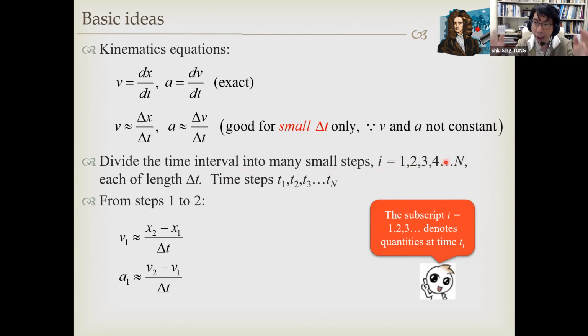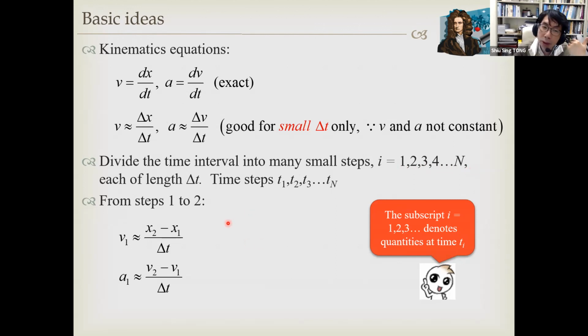We divide it into n small steps, and each step has a small length of delta t. And so we label the times of the steps as t1, t2, t3 up to tn. Now delta t is the length of each time interval, and t1, t2, t3 are the times at the time intervals 1, 2, 3, 4 that we define.